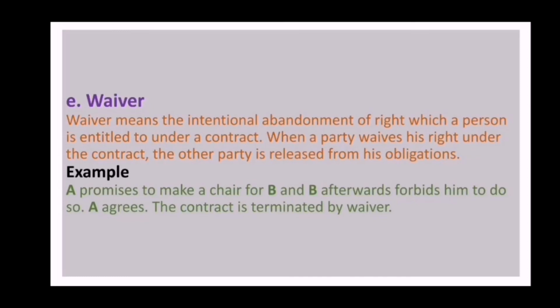A promises to make a chair for B, and B afterwards forbids him to do so. A agrees. When A agrees, it means B is waiving his right to have a chair from A. So this is called termination of contract by waiver.